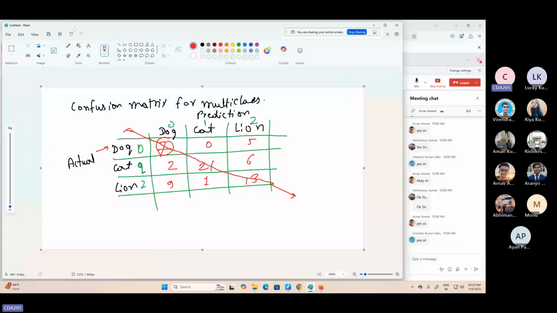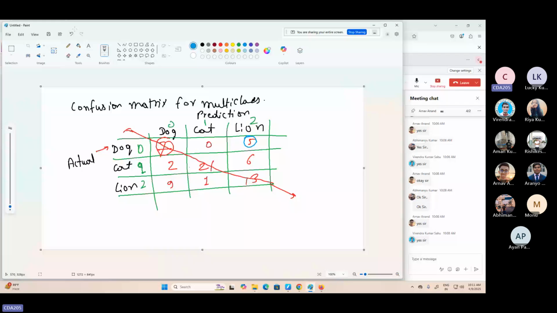What do you mean by this 5? This 5 means that 5 times the model has predicted lion, but it is actually a dog.